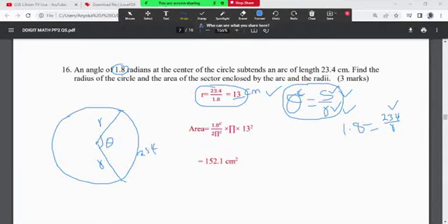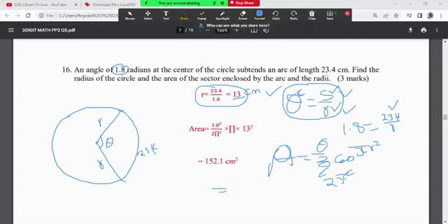After this one, area of a sector is equal to theta over 360 times pi r squared. So theta over 360, our angle is now in radians, and the complete 360 is the same as 2 pi radians.